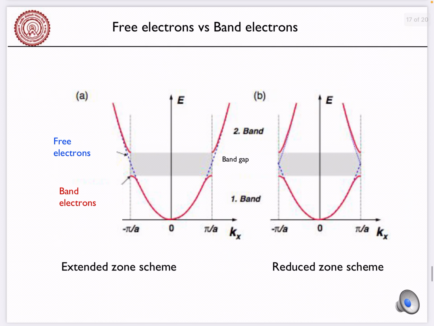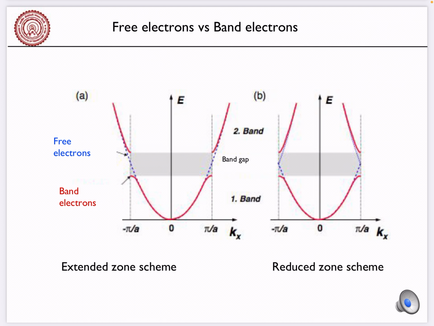So, now let me compare this. Once you understand this band structure, what we are seeing here is that electrons which experience this periodic potential can have energy bands, allowed bands and forbidden bands. Now let me try to compare this electron band structure with the free electron case.